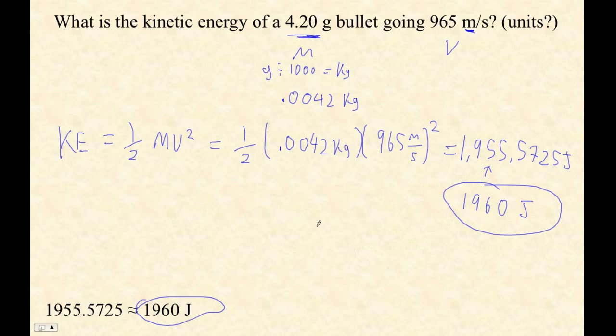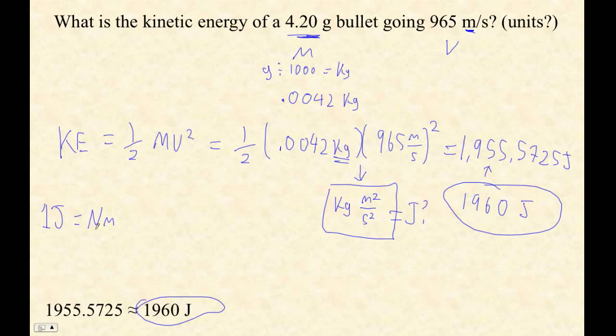The other question you might have is about units. This intrinsically has the units of kilograms times meters squared per second squared, because the square applies to both the meters and the seconds. Is that equal to a joule? Well, remember, 1 joule is equal to a Newton times a meter, because work is force times distance.